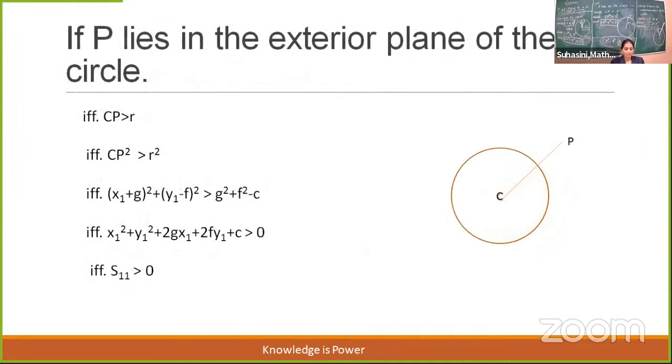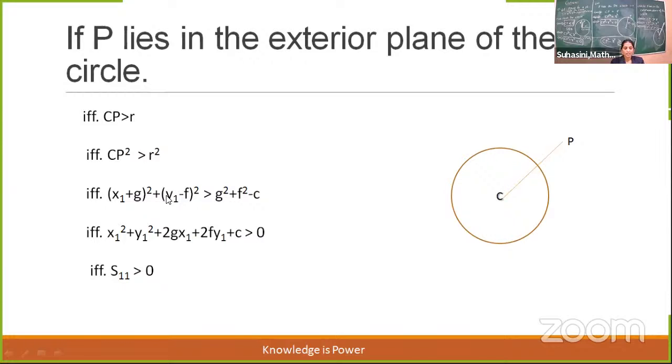Now P lies in the exterior plane of the circle. Where is the P now? In the exterior plane of the circle. When P lies in the exterior plane of the circle, CP is greater than R. R is only till here. Only this distance is called R. It is beyond this. So CP is greater than R, CP square is greater than R square.